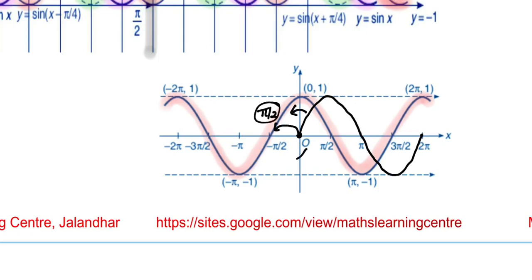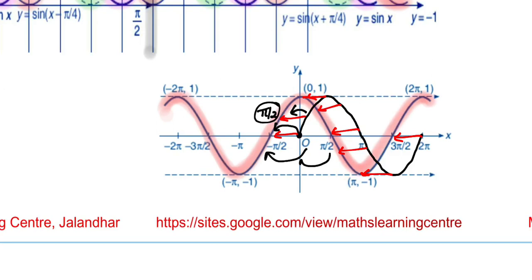So this 0 is shifted to minus pi by 2, and pi by 2 is shifted to 0. All these points have moved towards the left by an amount of pi by 2, and we obtain the graph of the function cos of x in this form.